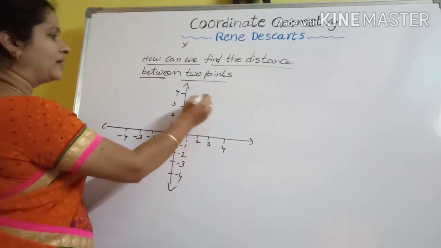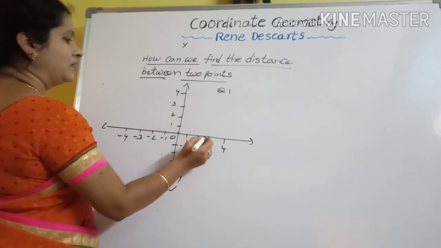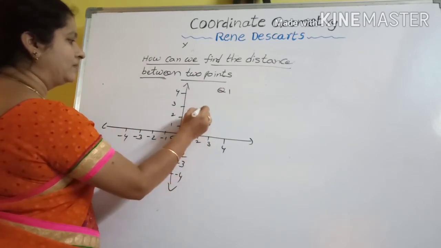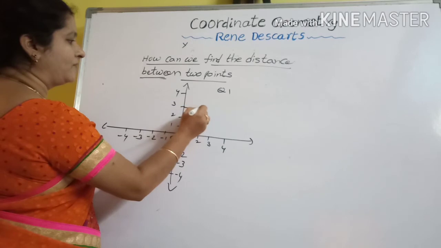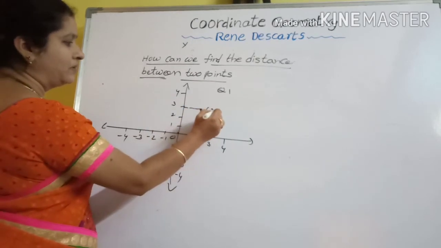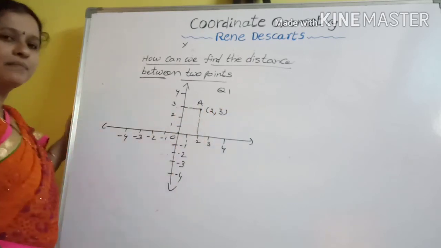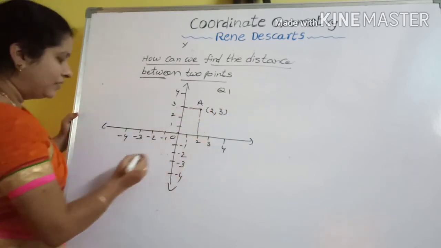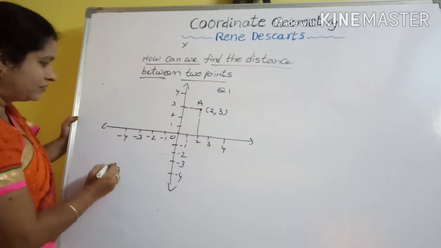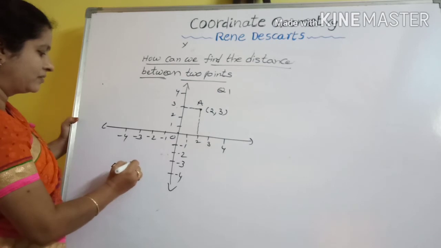So we are taking the first point in the first quadrant Q1 here. So what is the ordered pair of this point? X coordinate value 2 and y coordinate value 3. Let it be A(2, 3). In the third quadrant, we are taking another point that is here.